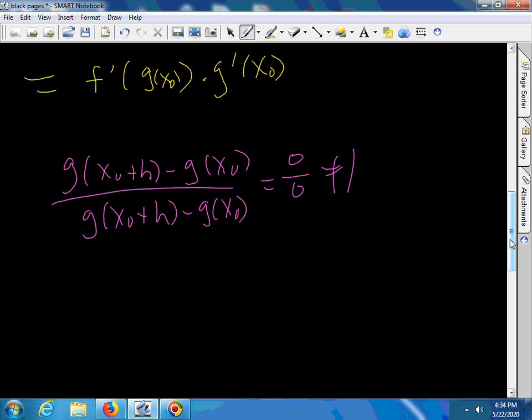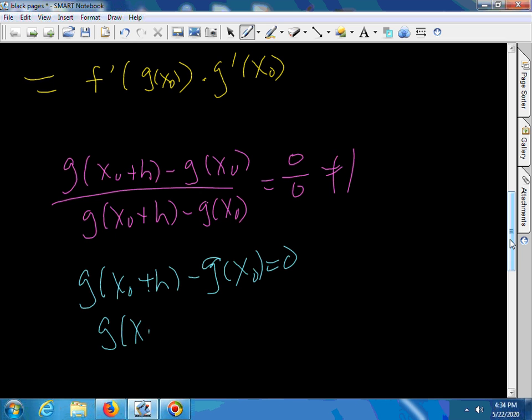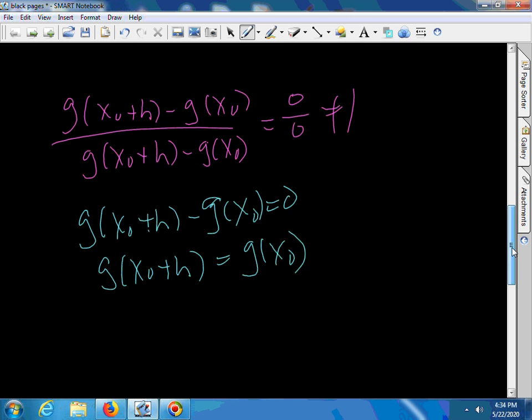Okay, so when is the top 0? When is g of x0 plus h minus g of x0 equal to 0? Well, the instant I see the subtraction of two things equals 0, I immediately go, oh, those two things are equal to one another. Oh, g is a constant function. Not necessarily. That would work.